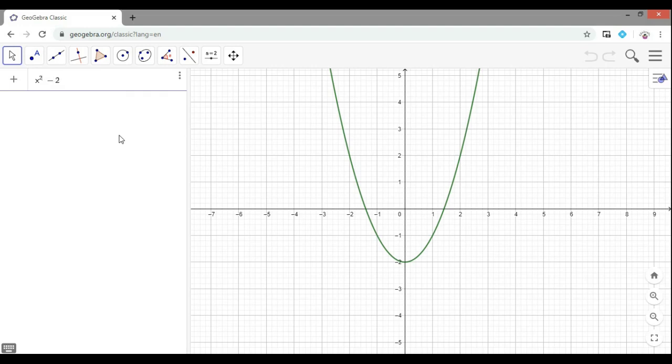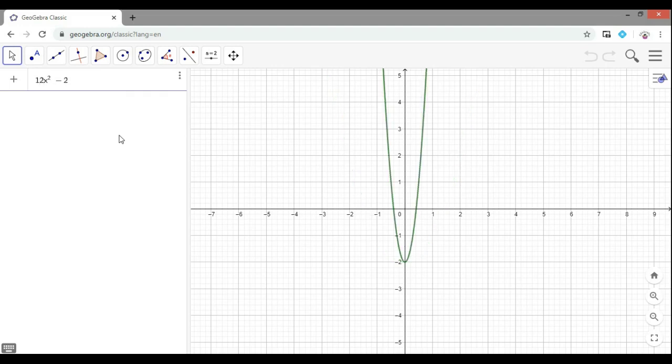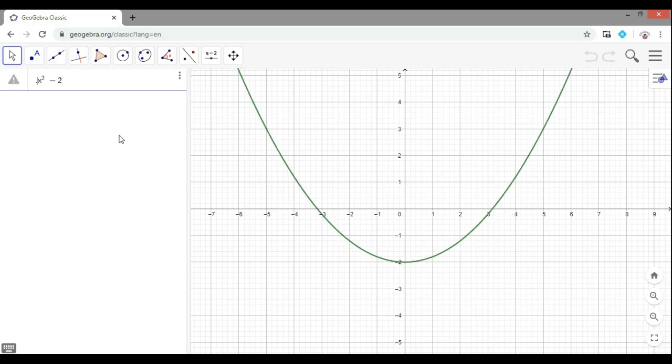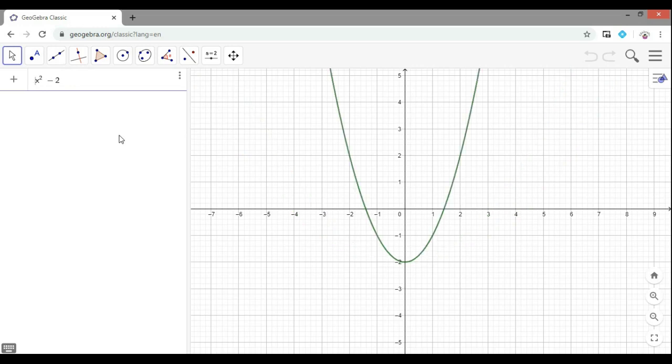Now if I multiply the coefficient of x square by a positive number like 12, the graph squeezes, the span of the graph comes closer. When you make it 0.12, a number between 0 and 1 in fractional form, it spreads at the same point; only the shape changes.